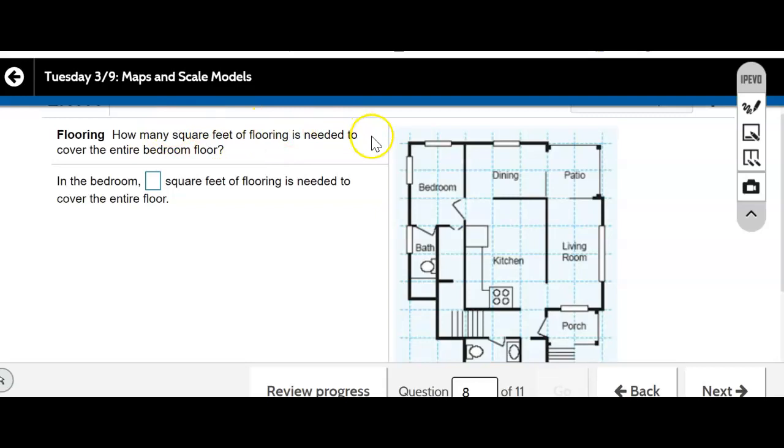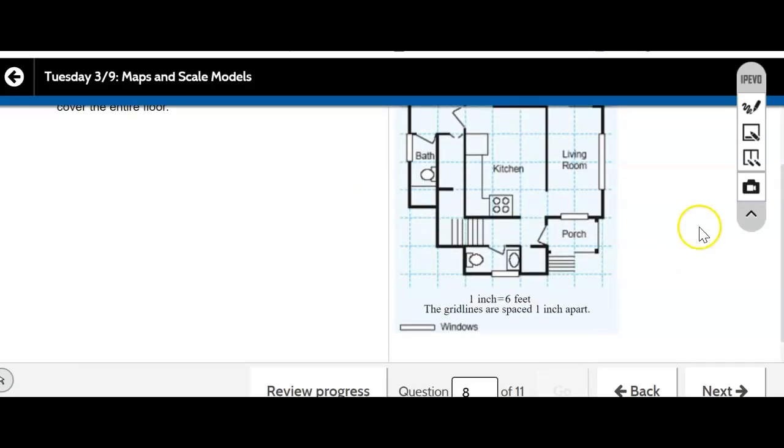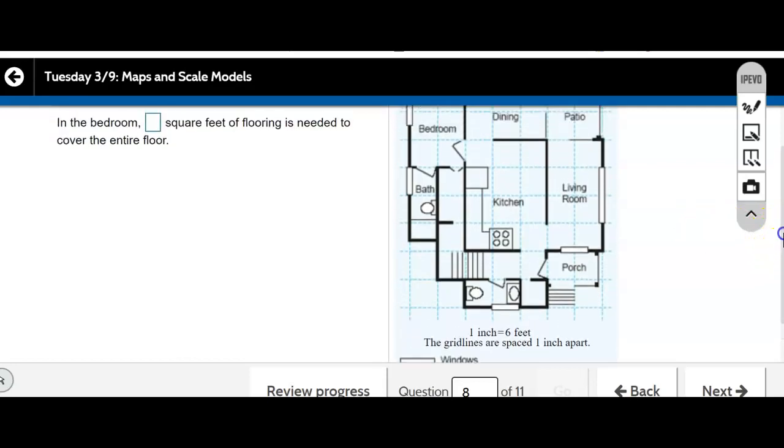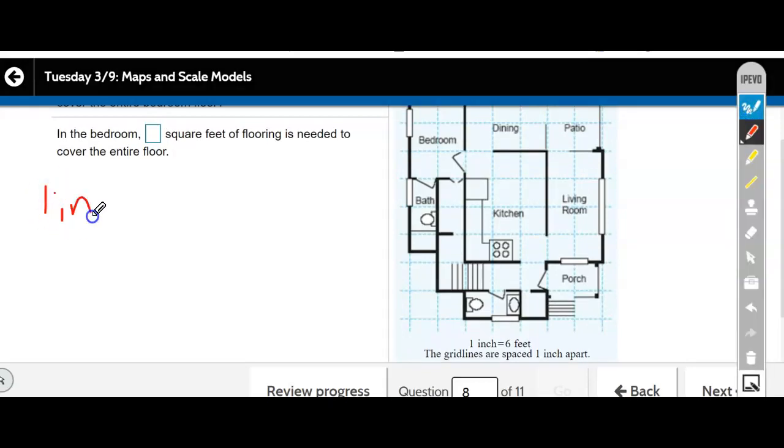How many square feet of flooring is needed for the entire bedroom floor? Well, the bedroom is a nice rectangle. If it's saying how many square feet of flooring is needed, we got to calculate the area of that bedroom, right? So let's do that. Let's calculate the area of that bedroom. We are using that scale, it looks like. We are using 1 inch equals 6 feet.